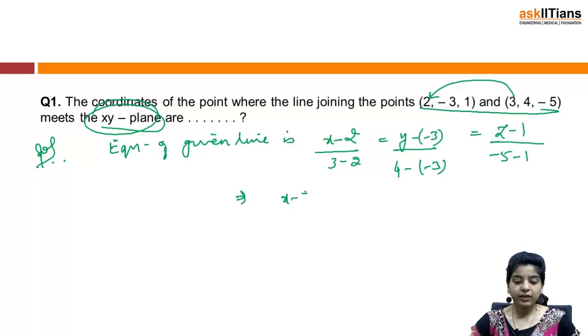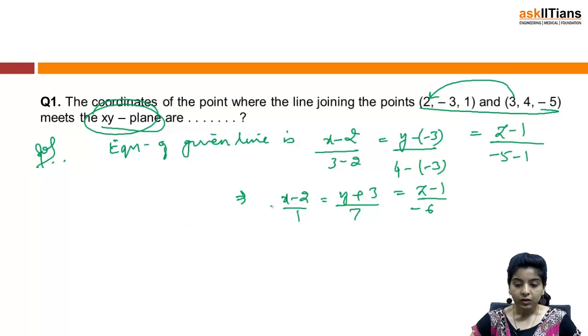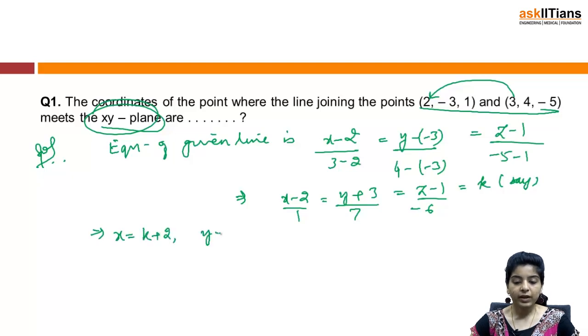So this implies (x minus 2) by 1 is (y plus 3) by 7 is (z minus 1) by minus 6. Let me assume it to be some k, and this would mean x is k plus 2, y is 7k minus 3 and z would become minus 6k plus 1.